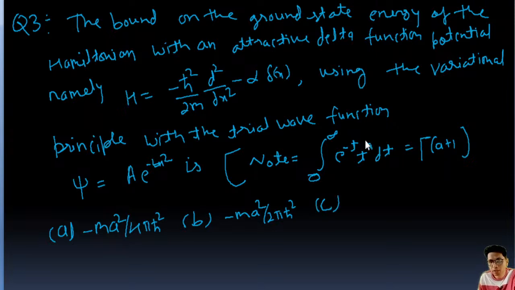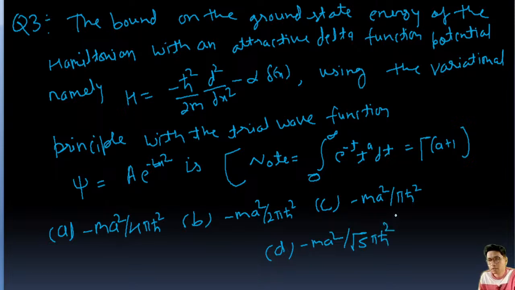Option C is minus m alpha square upon pi h cut square, and option D is minus m alpha square upon root 5 pi h cut square. Very good question, guys. We are going to use the variational principle here, so I'll explain in detail.